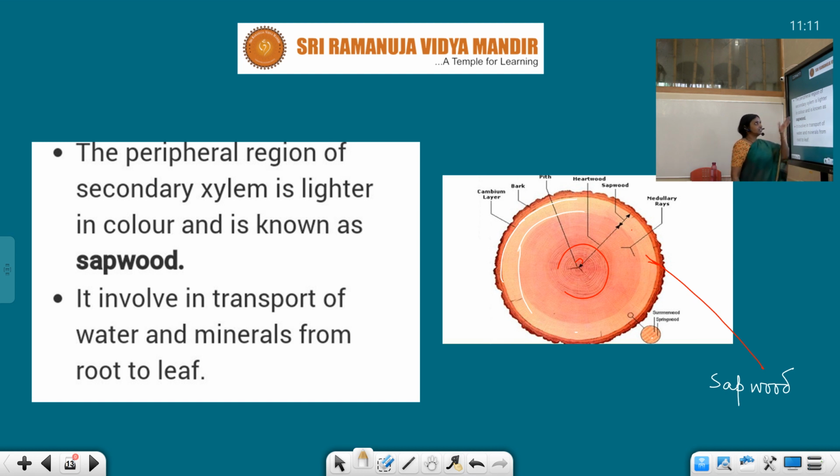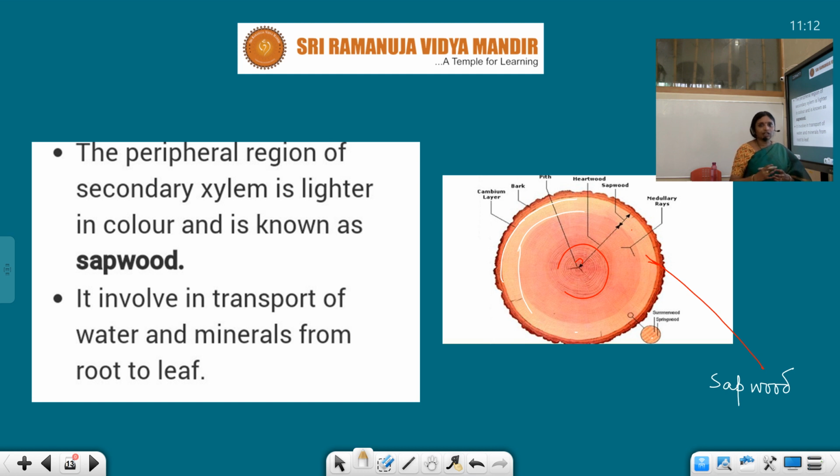The sapwood is involved in transport of water and minerals from the root to the leaf. The root absorbs water and minerals, and they are transported to the other parts with the help of this secondary xylem, known as sapwood, which is towards the peripheral side.